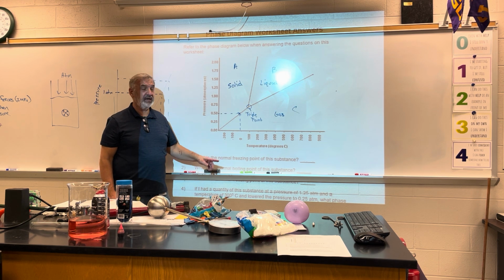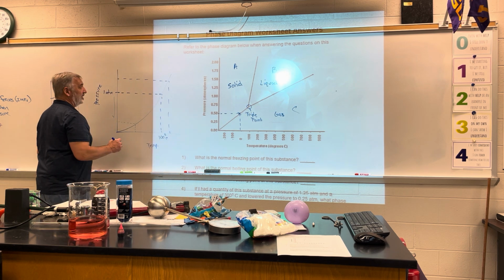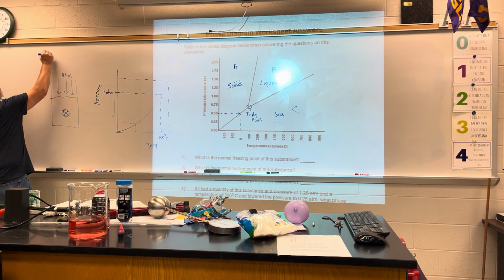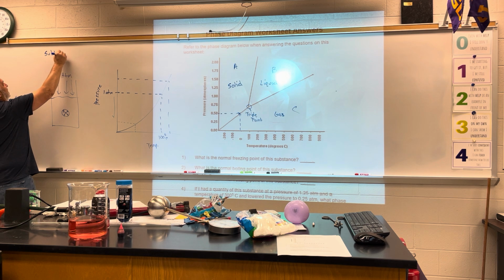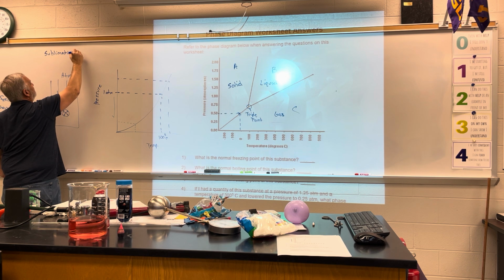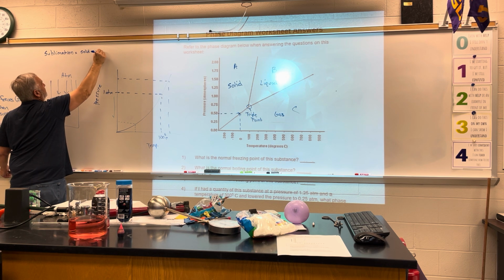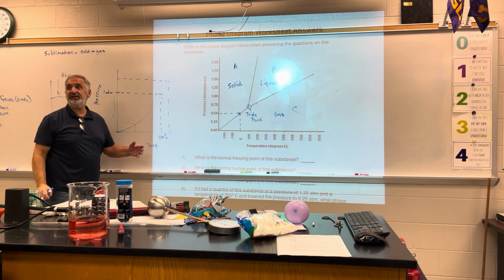Sublimation, okay? I think we did that earlier, when we did heating curves, but you can write this somewhere. Sublimation is a solid directly to a gas.